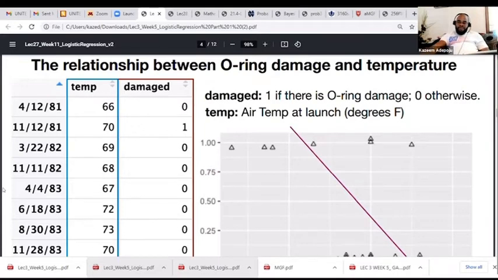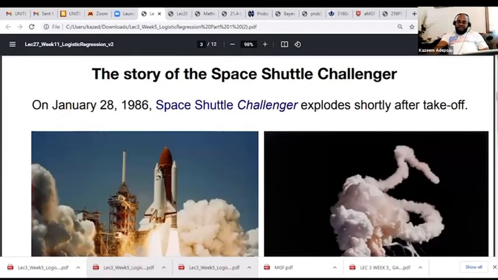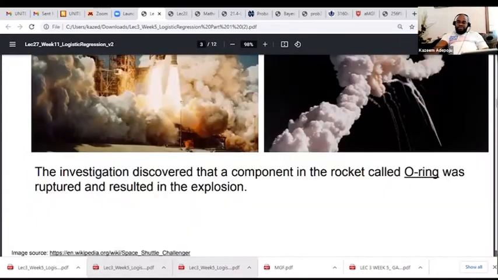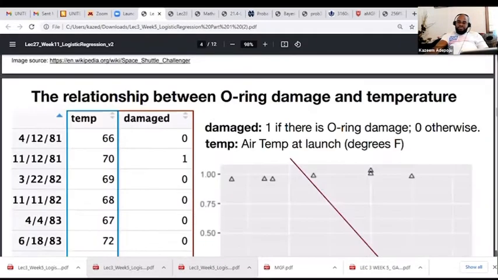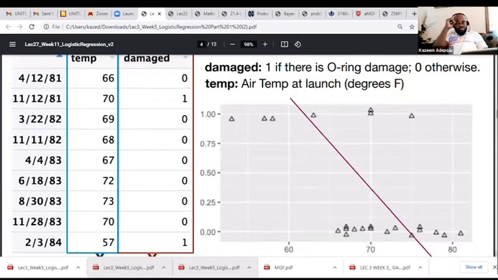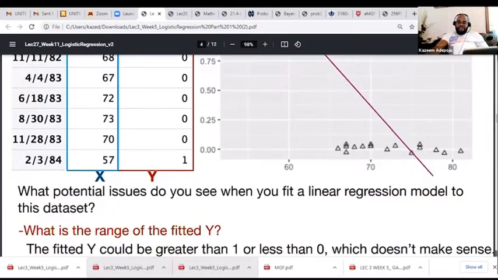Of course, the straight line was not able to capture that because the prediction will go over the range of 0 to 1, and that will not make any sense at all.